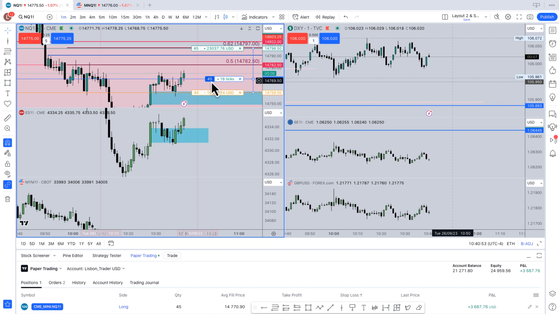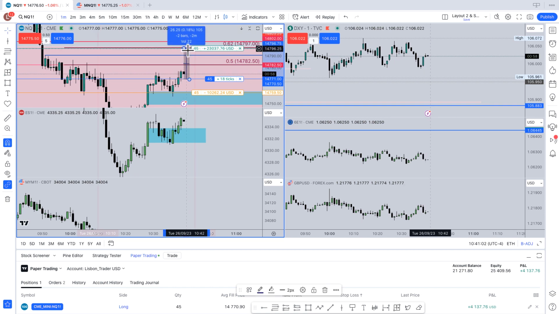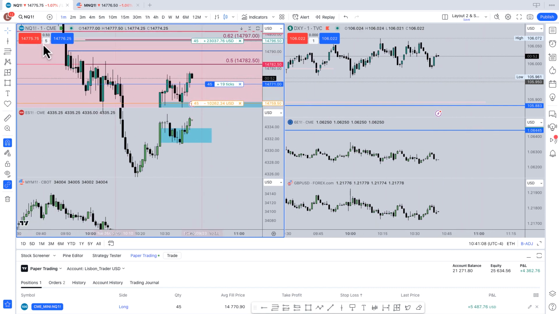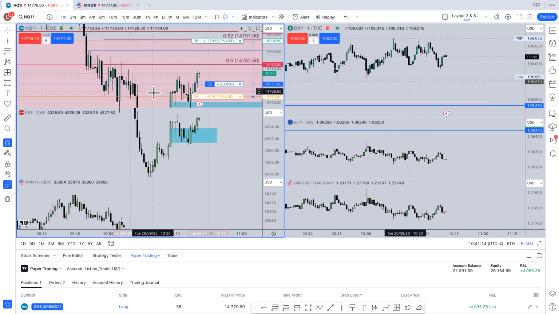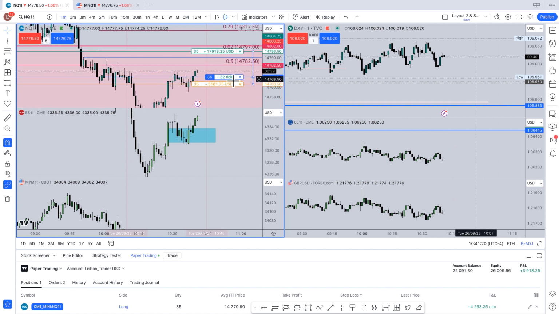We are with 45 lots, and then we have 26 handles to run. Let's do some risky thing.